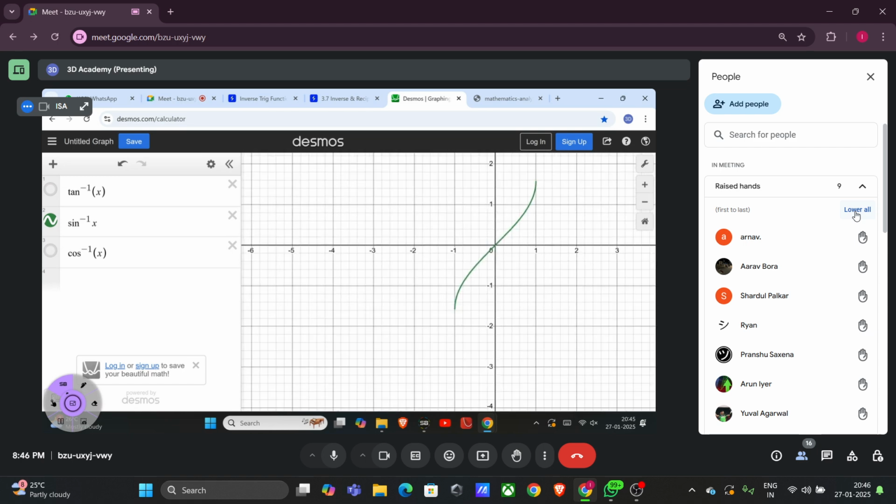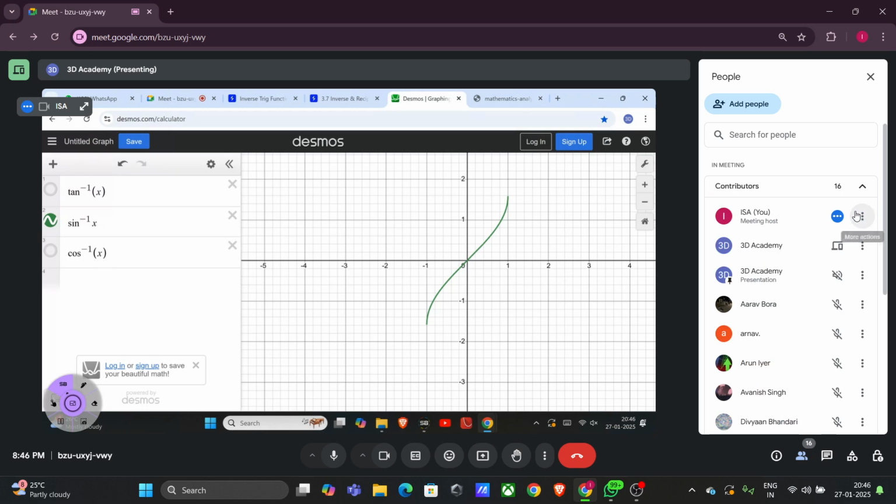See, why I depend on graph most of the times, because graph makes it easier to understand. Like, if I draw a graph of sine x like this, I'll quickly understand the lowest point is -1, the highest point is +1. It means my domain is from -1 to +1, like this. And my minimum value, my maximum value will be what? I will quickly understand from here. Getting it or not? That's why everyone just draw this graph quickly.